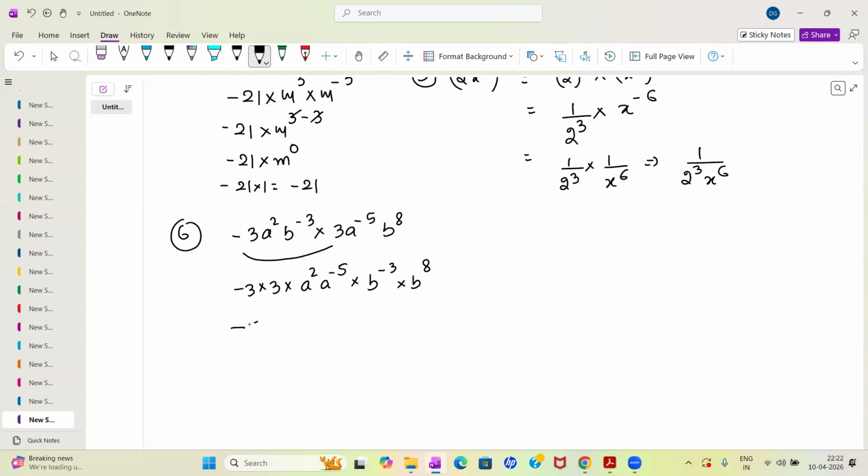So minus 9, a to the power 2 minus 5, and b to the power minus 3 plus 8. So this is a to the power minus 3 and b to the power 5. So we can write minus 9 upon a cube into b to the power 5.